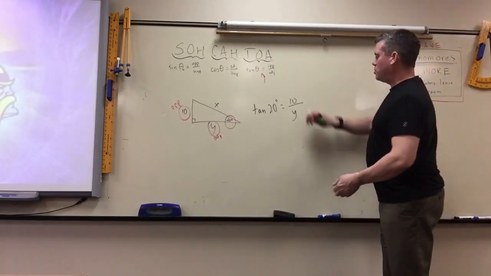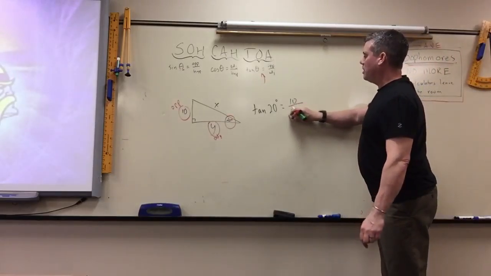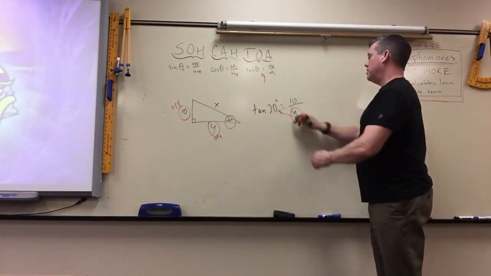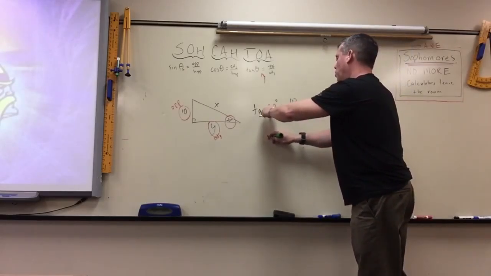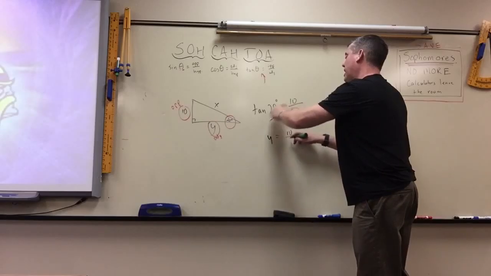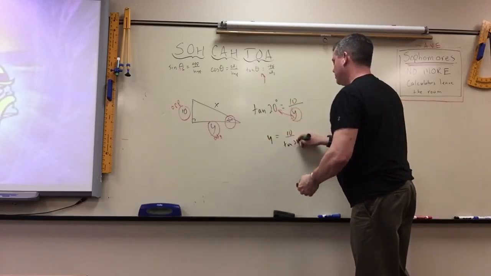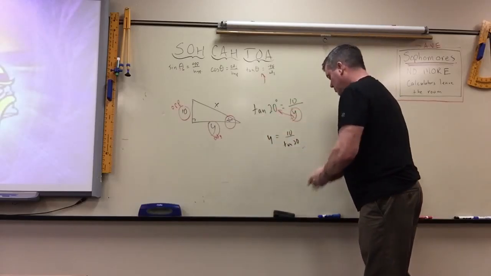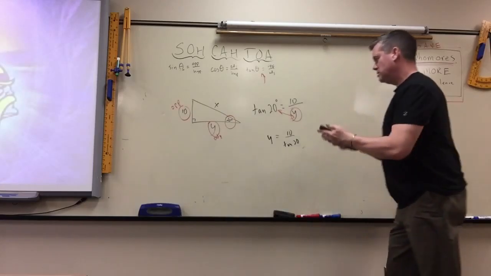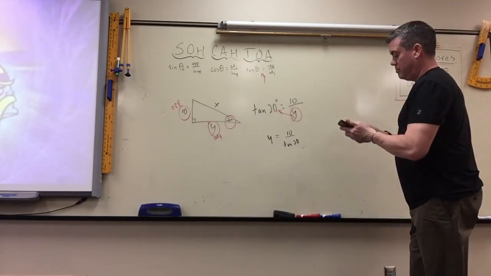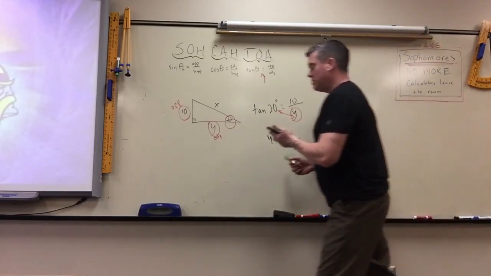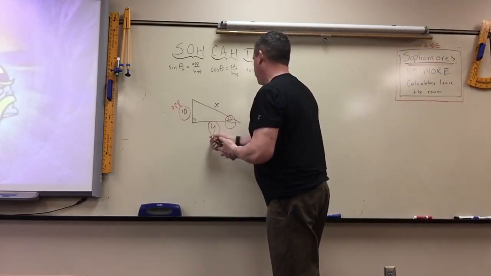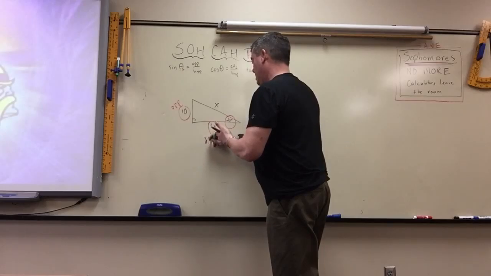So this is one of those where the y is on the bottom. So when you go through and solve it, these two are just going to end up swapping spots. So it'd be y equals 10 divided by the tangent of 20. And that's 27.47, so that would be 27.5.